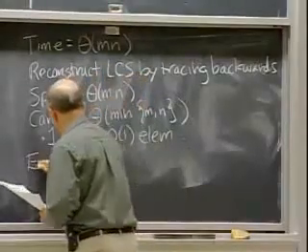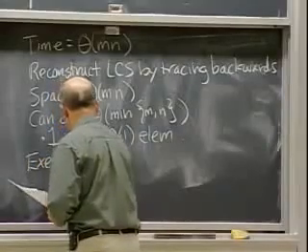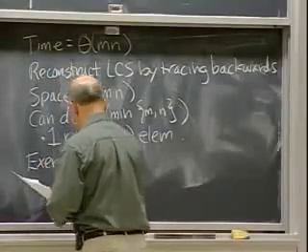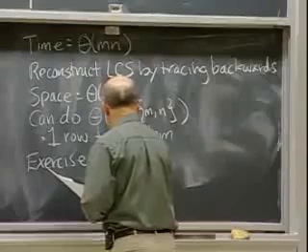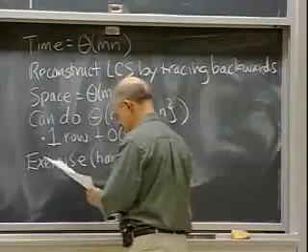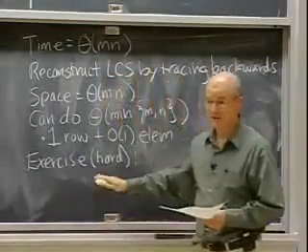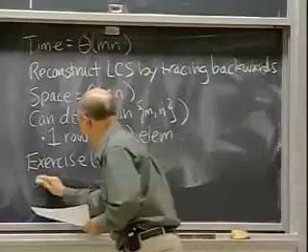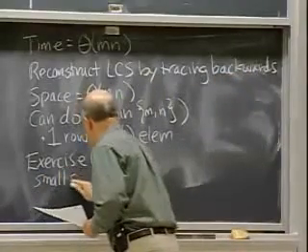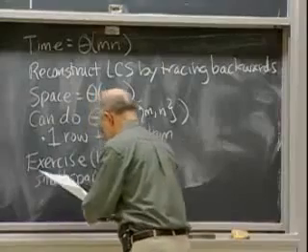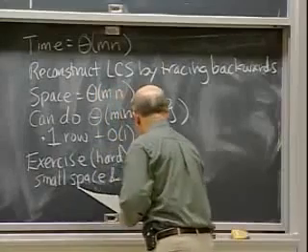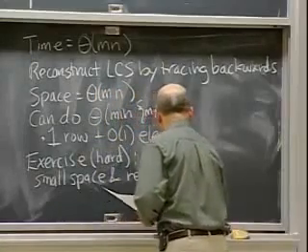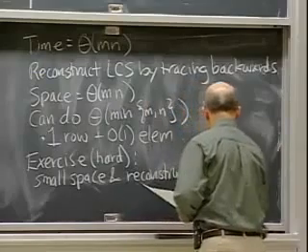Okay. And our exercise, and this is a hard exercise, but a good one to do, is to do it in small space and allow you to reconstruct the LCS.